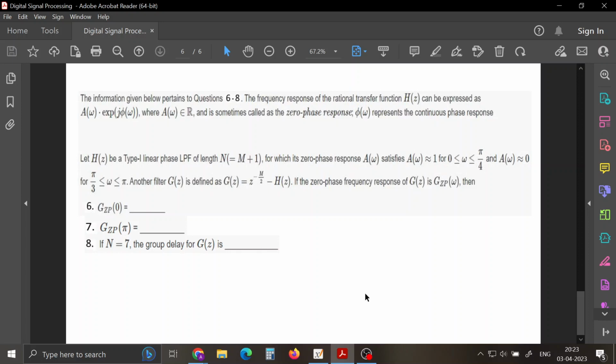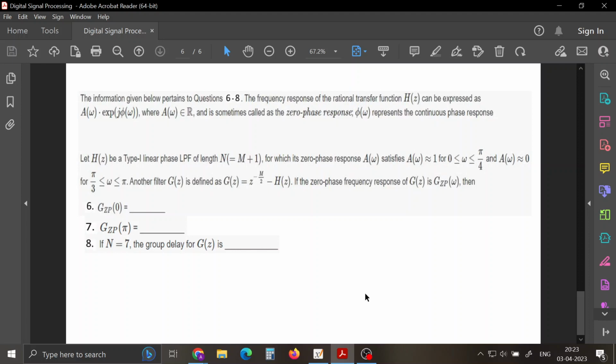Alright, so the frequency response of the rational transfer function capital H of z can be expressed as capital A of omega times e power j phi of omega. This is the form that was discussed in the lectures, right? Amplitude times e power j phase response, where this amplitude capital A of omega is real valued.